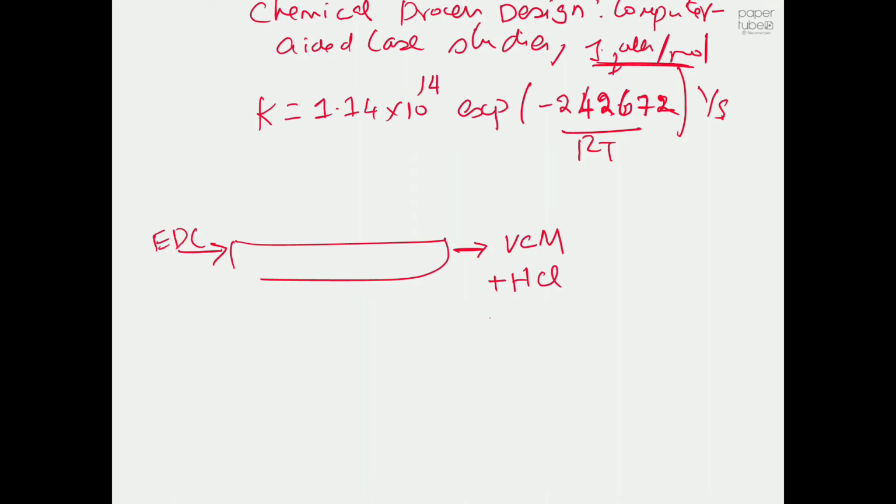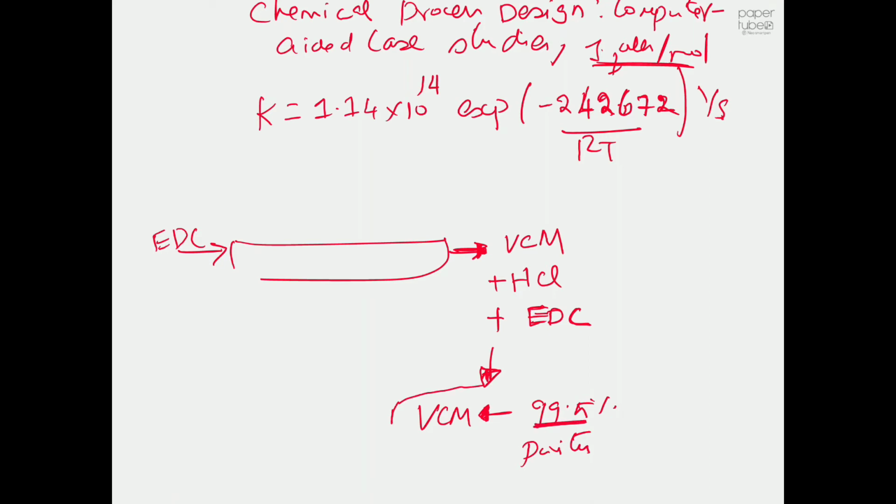In this case it will be hydrochloric acid, and some unreacted species, which can be ethylene dichloride, part of your unreacted reactant. These are the impurities that we may encounter in the products, and we need to produce vinyl chloride monomer of polymer grade, around 99.5% purity.